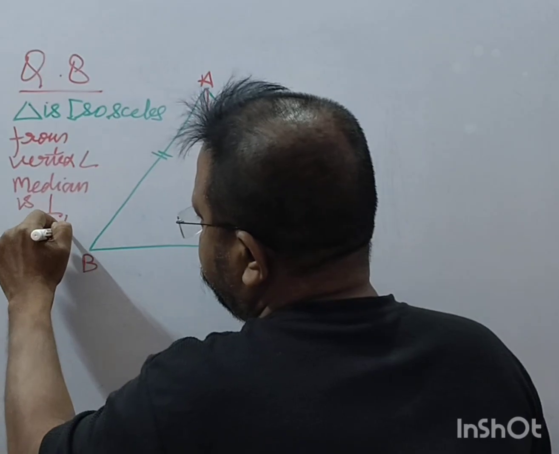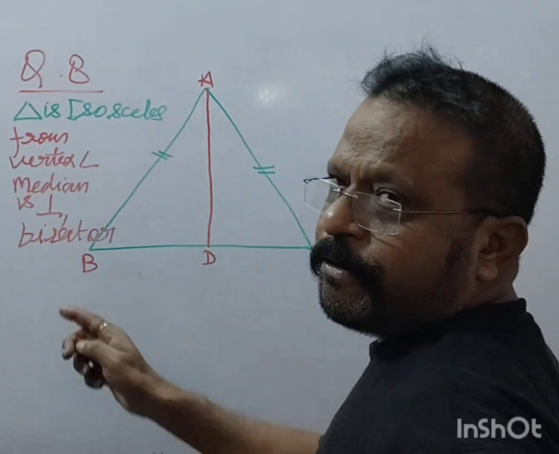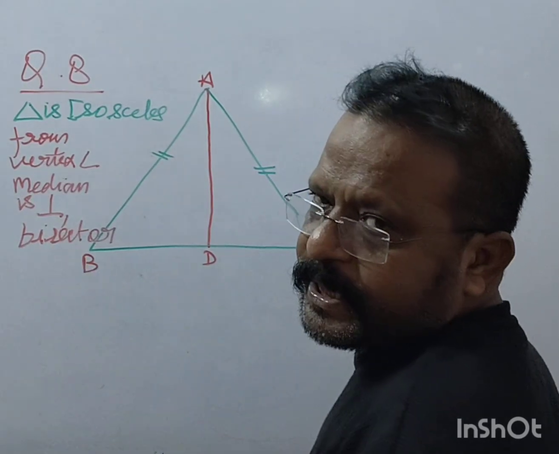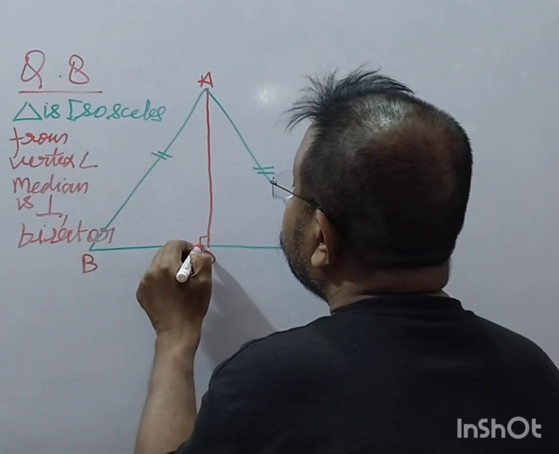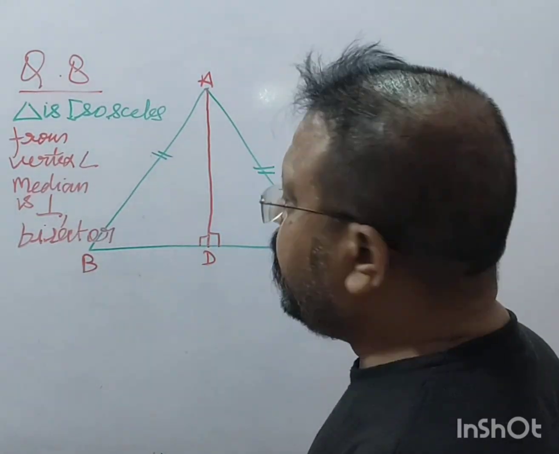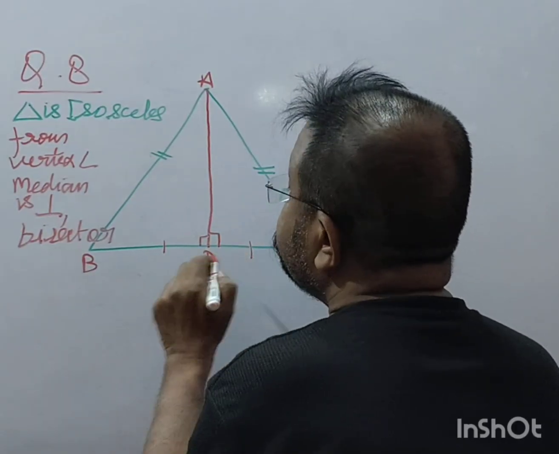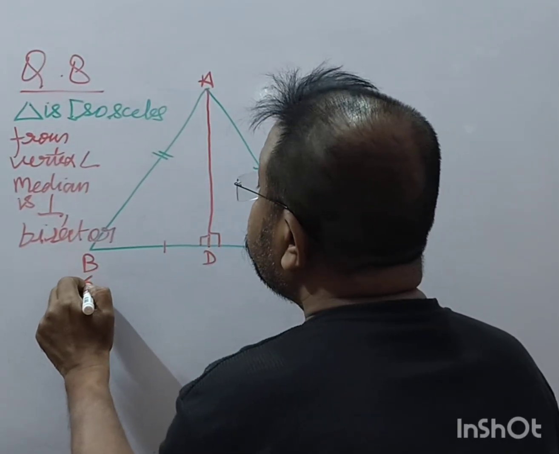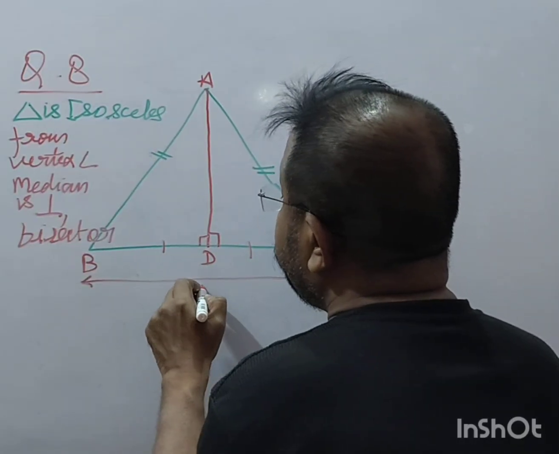The median is the perpendicular bisector. This is the sign of perpendicular and this is the bisector. This is a 90 degree angle, right? And they are bisecting, so they are equal in size. This is said to be 6 centimeter.